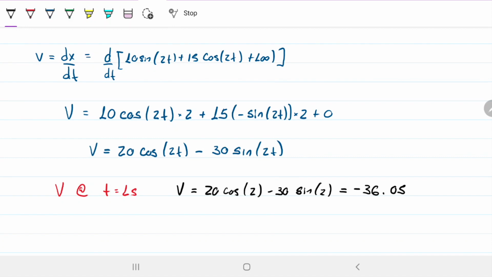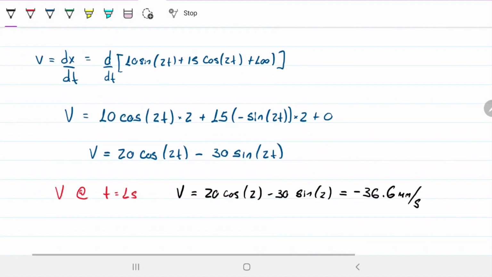Sorry, 0.6, it looks like a 5, but it was a 6. And that's mils per second, right? Because we had the x in mils, so our v is going to be in mils as well, but now we derived in relationship to the time. Time is given in seconds, so that's going to be mils per second.